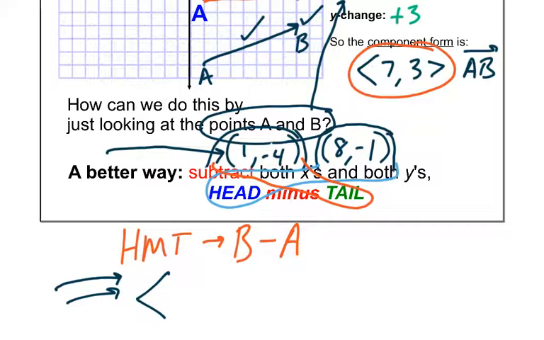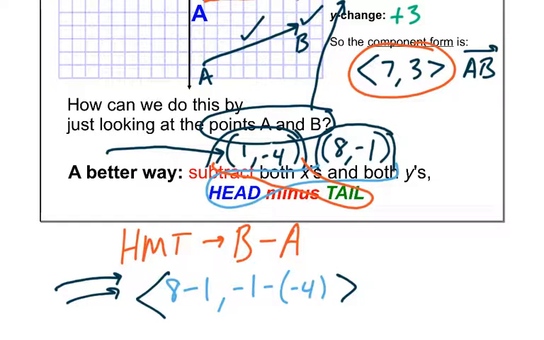Here we go. Let's do the BX value was 8 minus the head, the tail value is 1. So I took the x minus the x, comma. How about head minus tail for the A? Okay. So head minus tail should be -1 minus a -4.